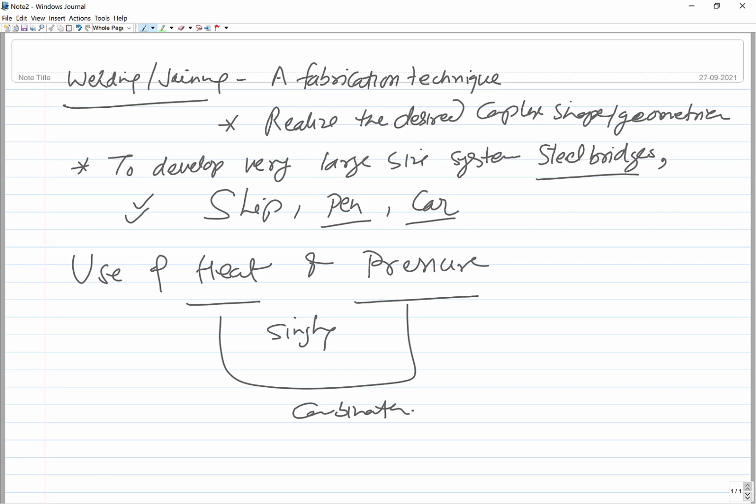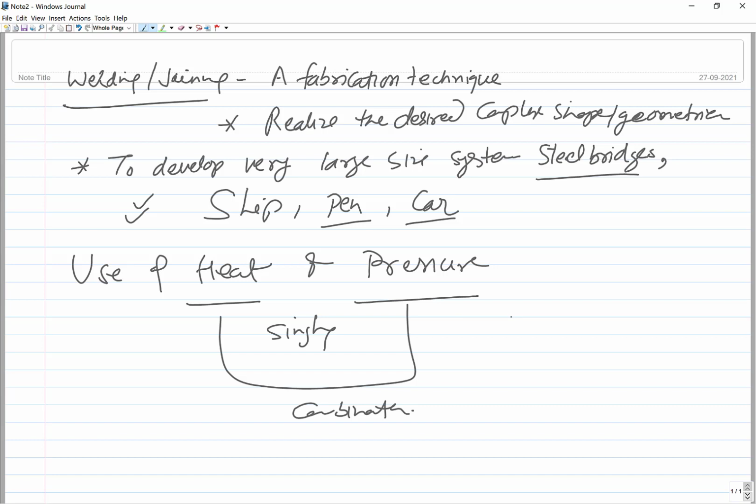Now depending upon the process, if you are just fusing and allowing it to solidify to develop the joint, then it's just the use of heat. Or you are just twisting the two wires together, using pressure and deforming them to such an extent that they come very close to each other through plastic deformation, then there is just the use of pressure and no use of heat.